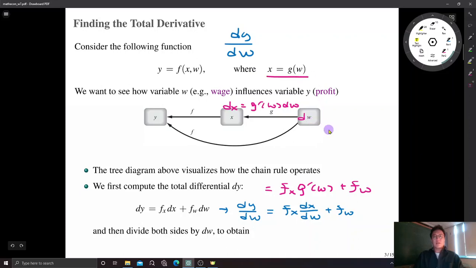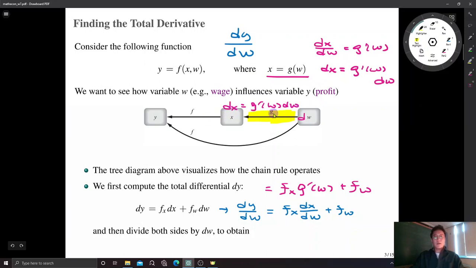Because we have this relation, that means dx over dw is going to be g prime of w, and the differential of x, so dx, can be written as g prime of w dw, right? And with this, now I can eliminate this channel, because now I consider this effect by expressing dx as a function of dw.